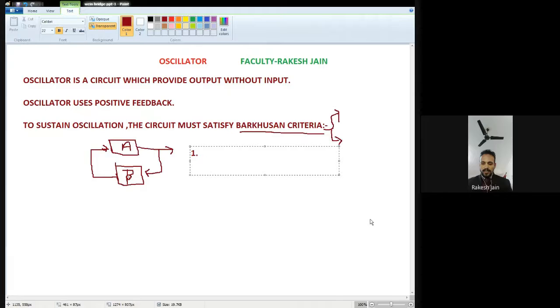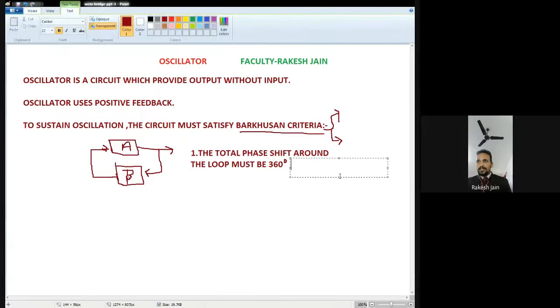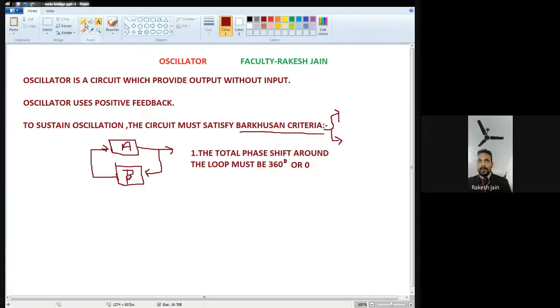The first thing is the total phase shift around the loop, that is the feedback loop, which must be 360 degree or 0 degree. The total phase shift around the feedback loop must be 0 degree or 360 degree.